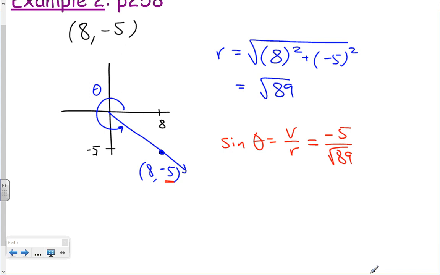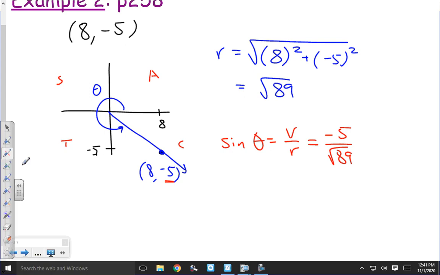And again, if you think about what sign, S-I-G-N, you should end up with here, if I think of my acronym there, All Students Take Calculus. If we're in the fourth quadrant, the only trig function that should be positive is cosine. I'd expect sine to be negative. We did end up with a negative. That's a good thing.